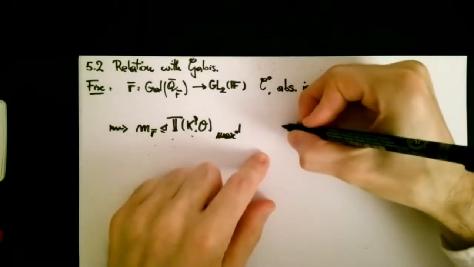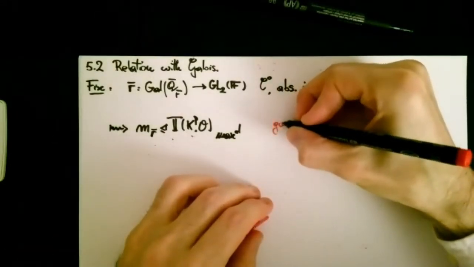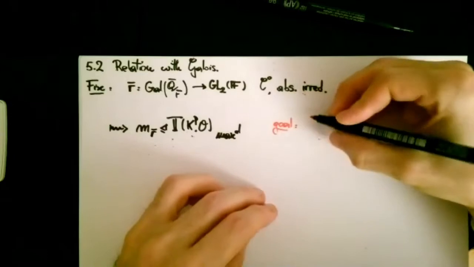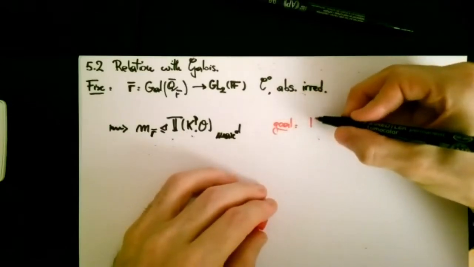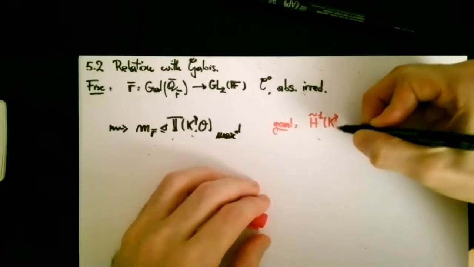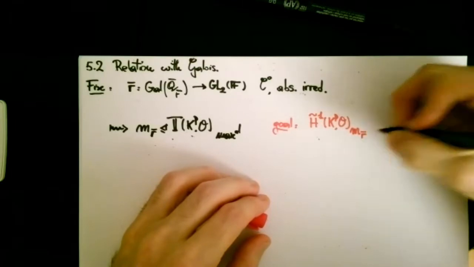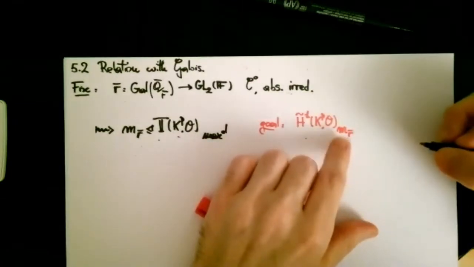So we localize this H1 tilde K^p O at this ideal.